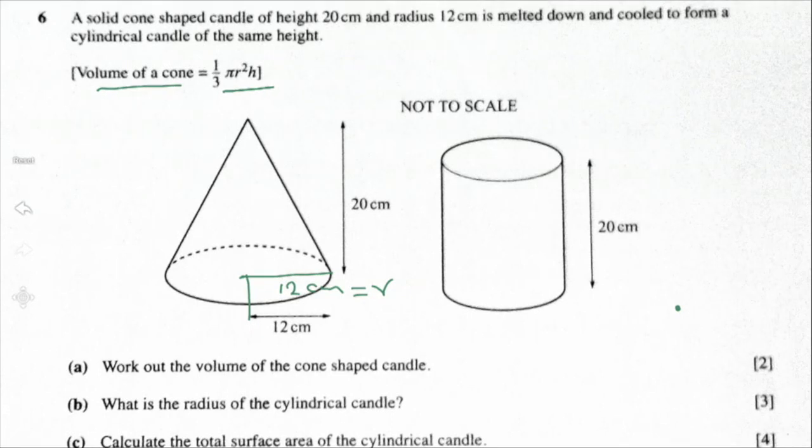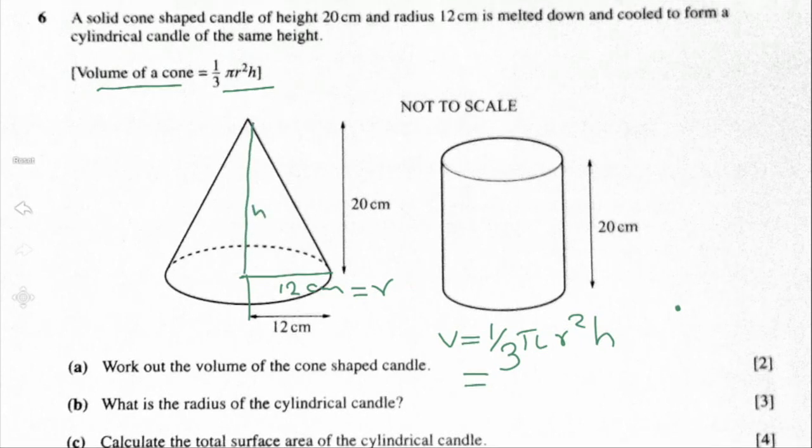So that's the formula there. So V is equal to 1 over 3 pi r squared h. In this case, we are given the radius and the height. The perpendicular height h there is equivalent to 20.